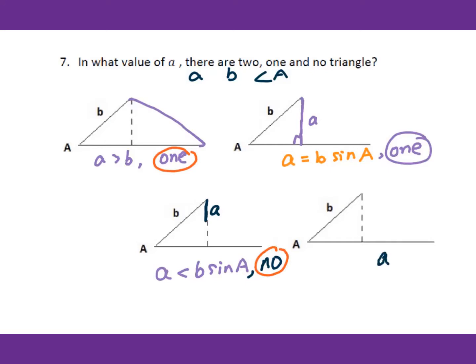If a is between b sin A and b, which means you have two triangles to form.